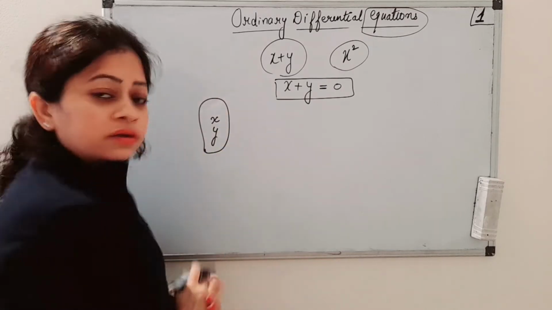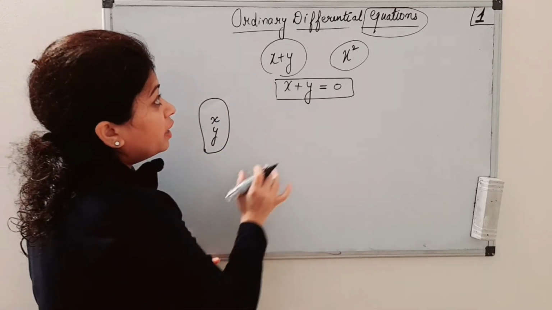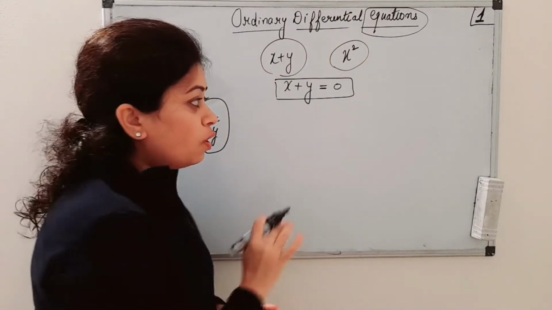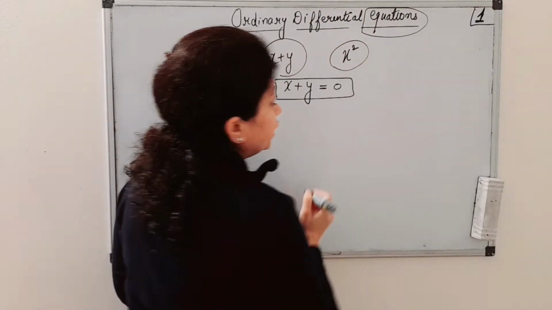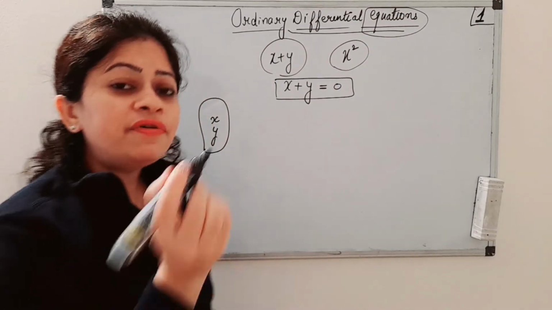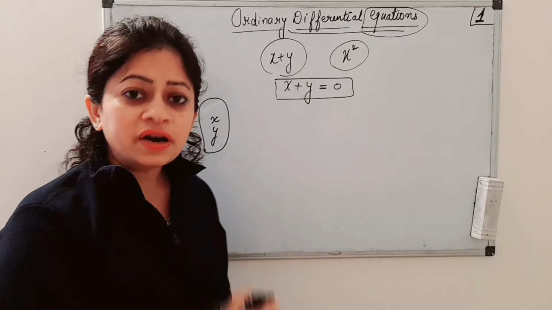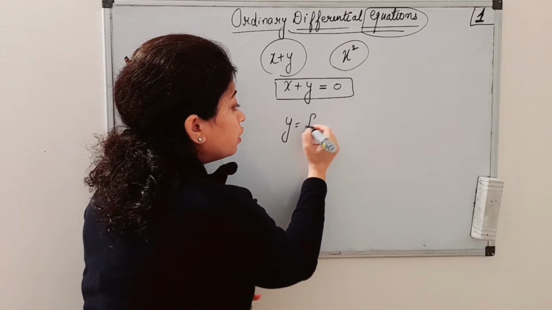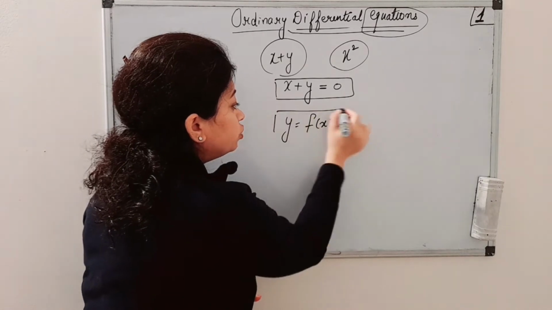If we study differential equations, we already know what derivatives are. For differential equations, we should have a function. Suppose we have a function y which is a function of x.